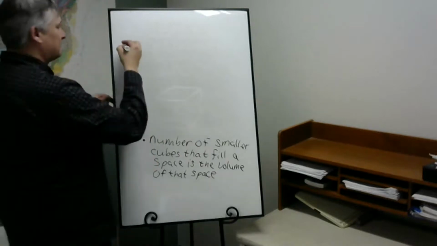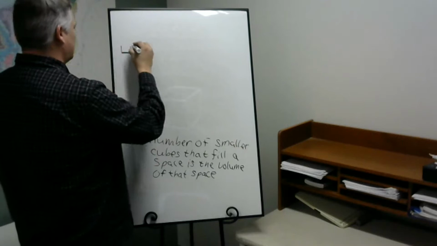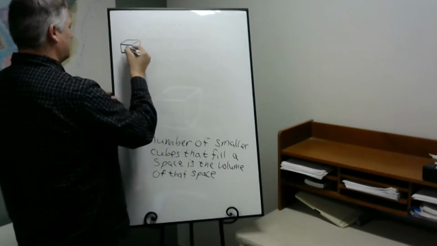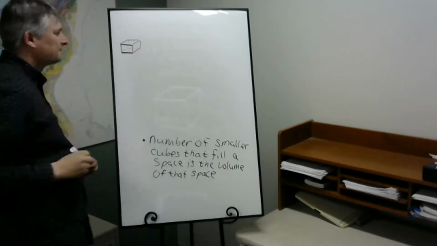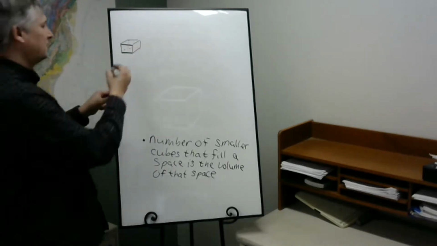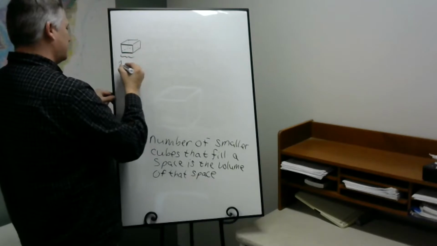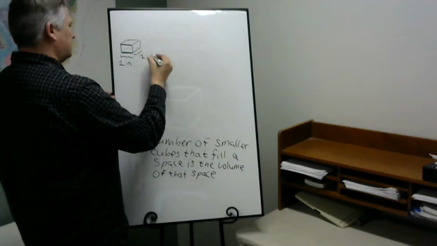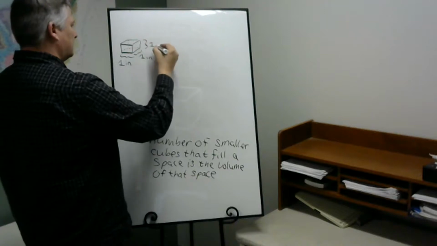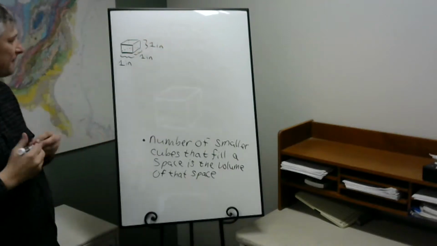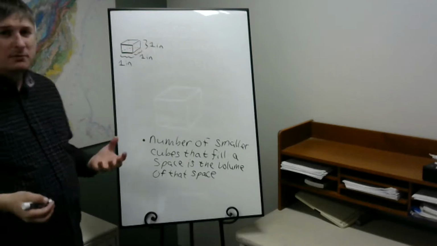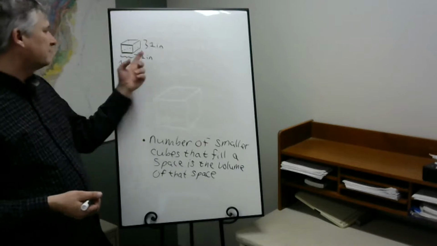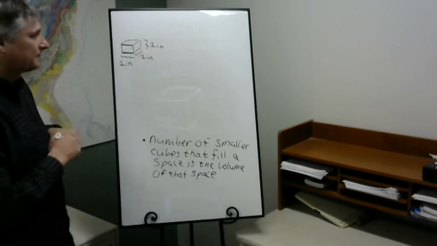So for example, if we have a cube that's 1 inch by 1 inch by 1 inch, the way we come up with the amount of space is we take the length times the width times the height.